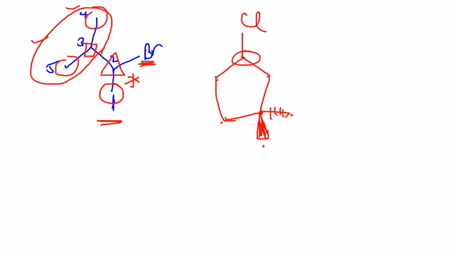If you look at the carbon that's holding the Cl, yes, that is chiral, that is asymmetric, because if you go in this direction, you're going to hit a CH2 followed by a CH2. On the other hand, here you're going to hit a CH2 followed by a CH3. So those are 2 different groups. Of course, you have a hydrogen and you have a Cl. So those are 4 different groups, and so that's your chirality.